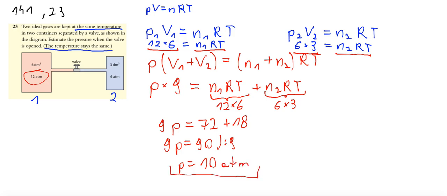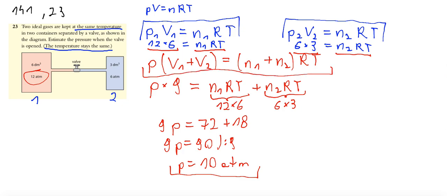Okay, remember this method, it's very important exercise. You have to write Clapeyron equation for one container, Clapeyron's equation for second container, and Clapeyron's equation for third container. Remember that total volume is the sum of volumes, and number of moles is also sum of number of moles.